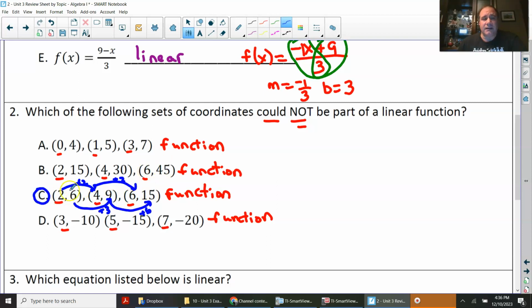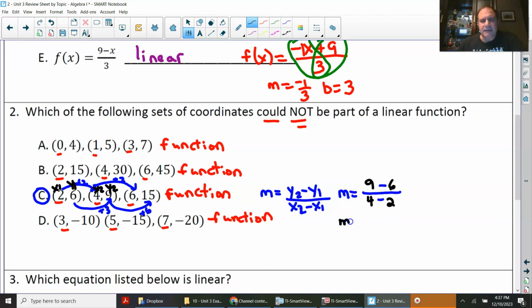There's no way that this is linear, which could not be a part of linear. I didn't even try the rest of them, but the way you could possibly do this and prove it without using the pattern thing that I just did was to label x1, y1, x2, y2, right? And then easily 9 minus 6, and then 4 minus 2.